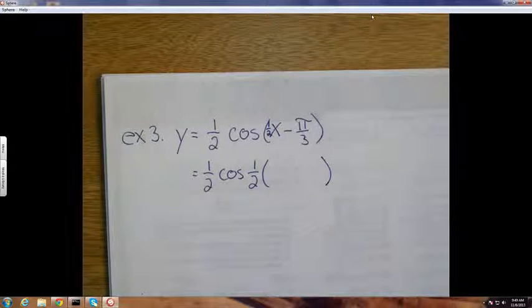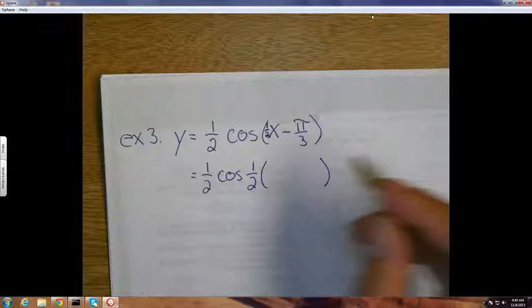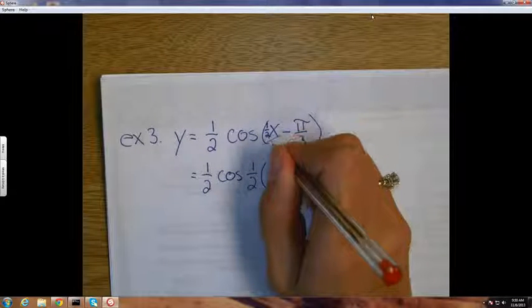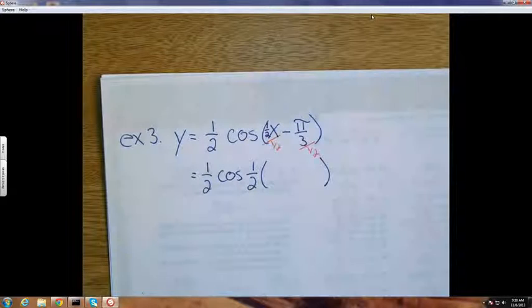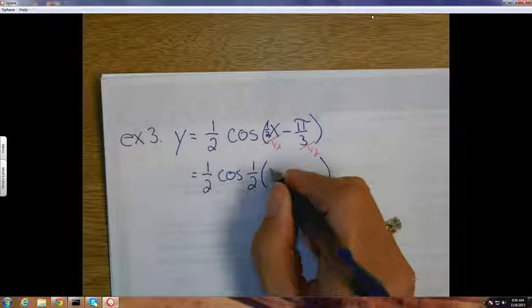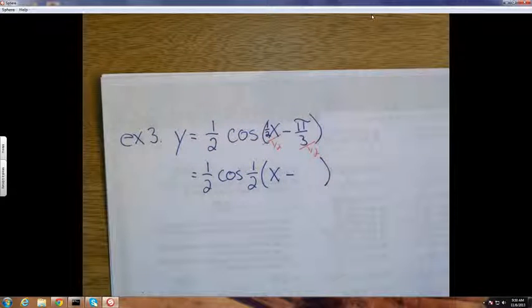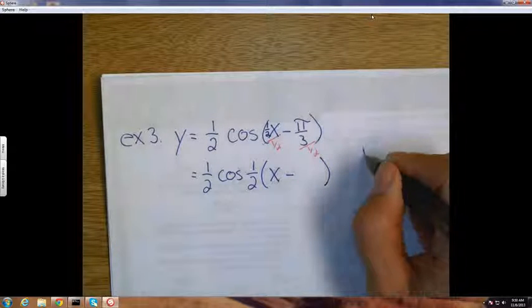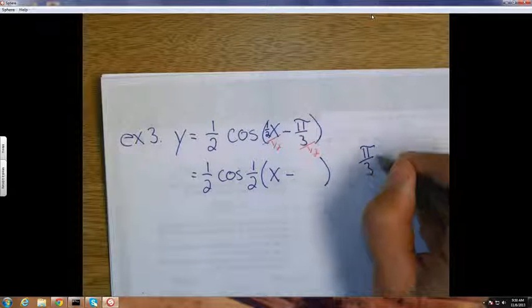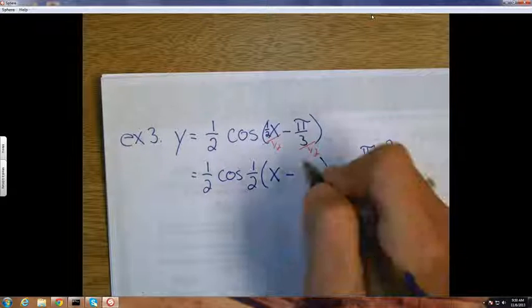What operation? Divide. You got to divide by 1/2. So you multiply by 2. So 1/2 divided by 1/2, that's just bringing down the x. What's the pi over 3 divided by 1/2 going to turn into? 2 pi over 3.